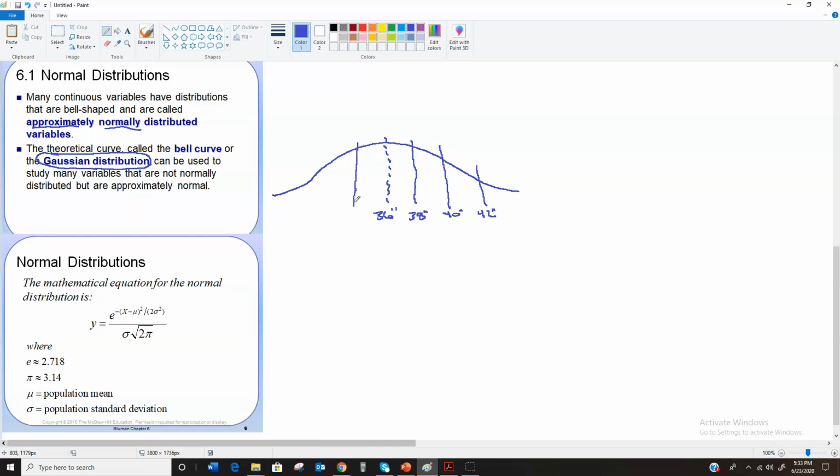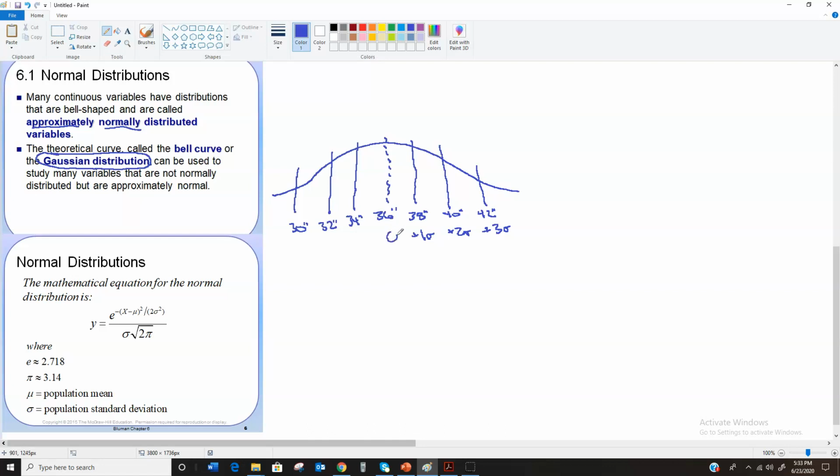And the 3 standard deviations is very important when we're talking about things that are normally distributed, because almost all the data will fall within 3 standard deviations. We'll get the exact values in a minute, but this is what they mean by a standard deviation.